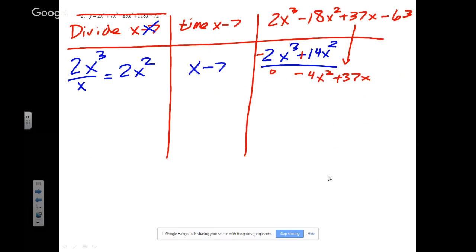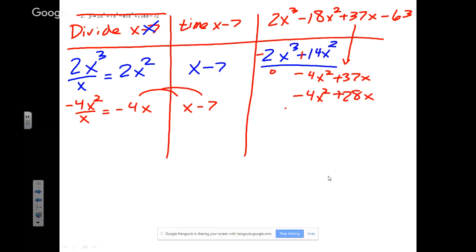Please make sure I don't make any mistakes. I don't have to erase. Negative 4x squared divided by x is negative 4x. Distribute that in. Negative 4x squared plus 28x. Switch signs.